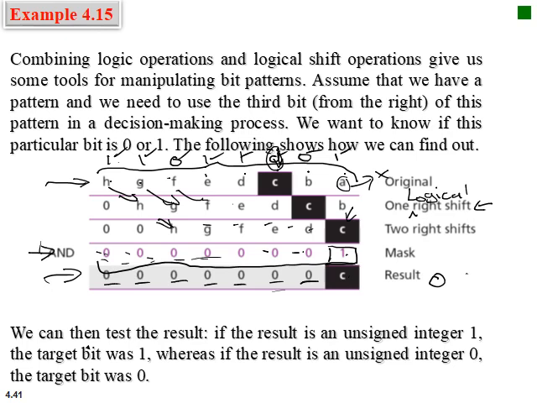So you see we've used a combination of logical right shifts and a mask, and then the logical AND between each of the bits. The last bit of the mask is a 1, which will give us a 1 result if C was a 1, or a 0 result if C was a 0.